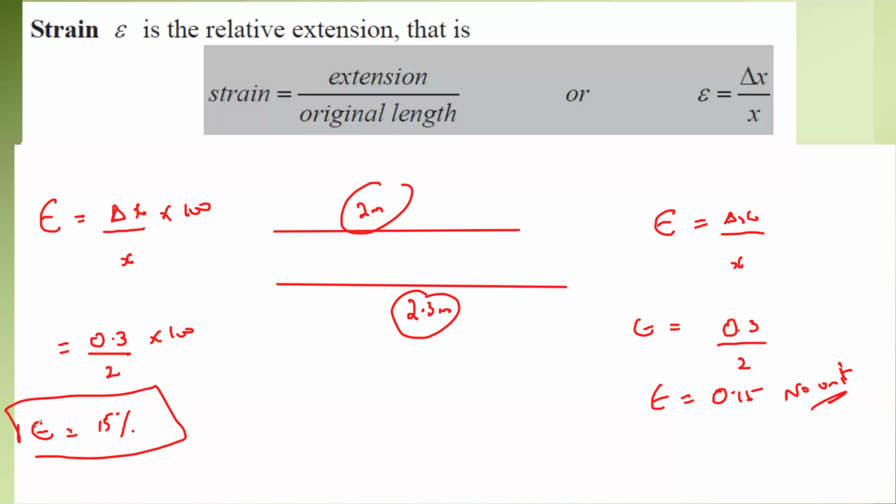What does it mean? If it is subjected to a certain force, it will change its length by 15% of the original. In terms of percentage, it's easier to understand and express compared to a decimal or a fraction.